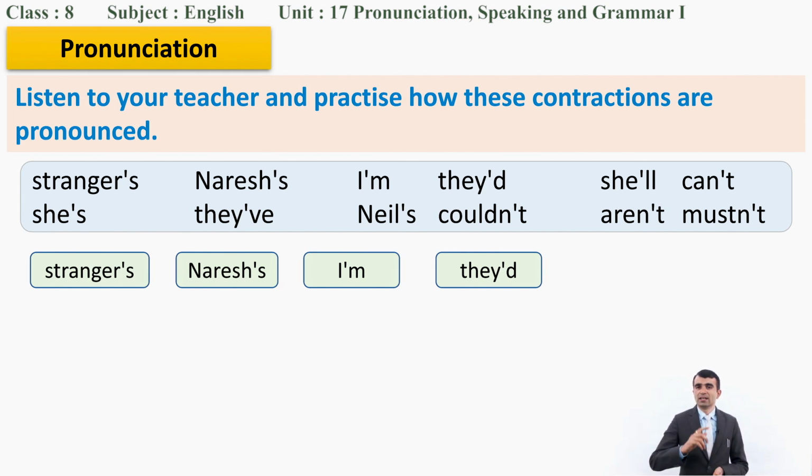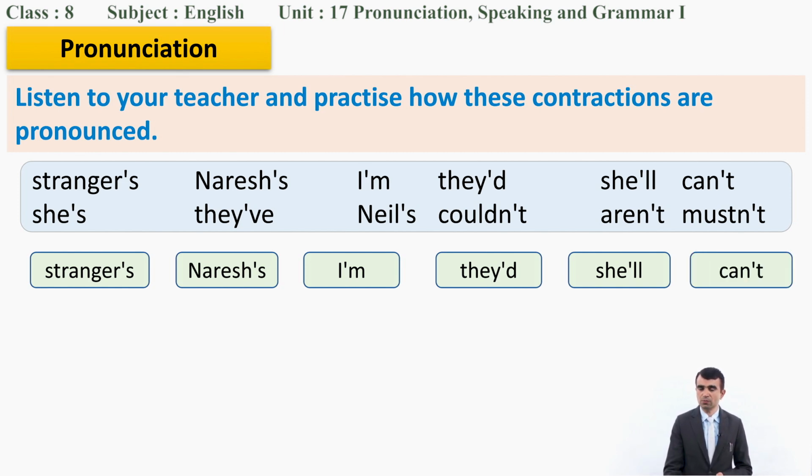Next one, C apostrophe will, that is she'll. Next, can apostrophe T, can't. Next one is seeds.